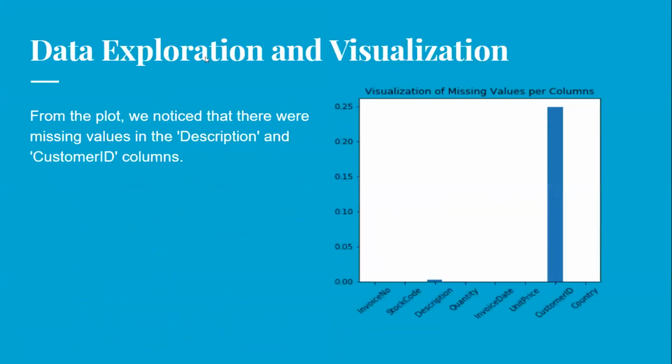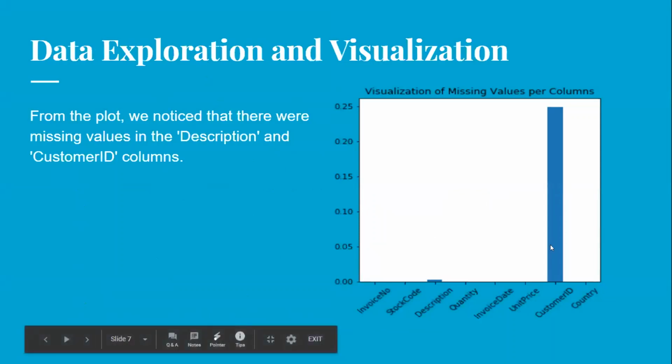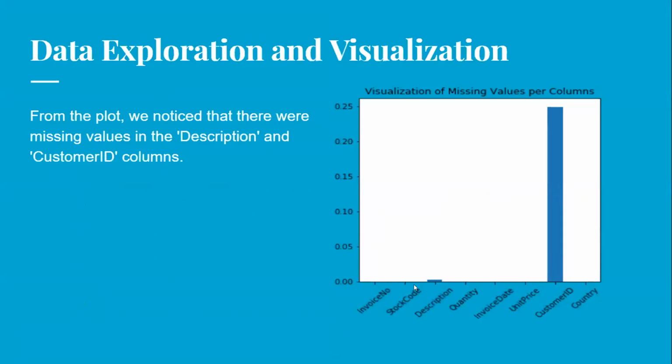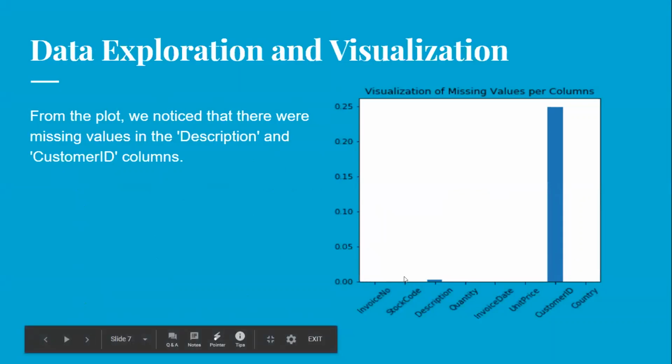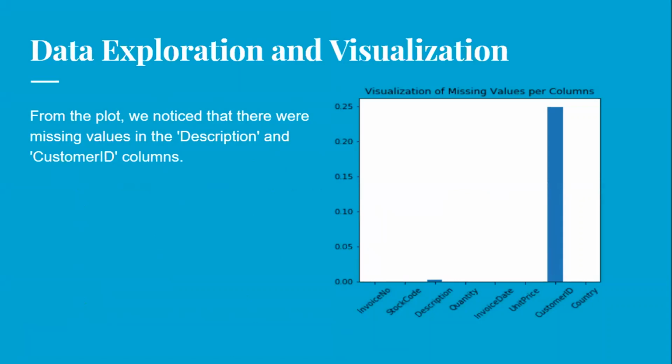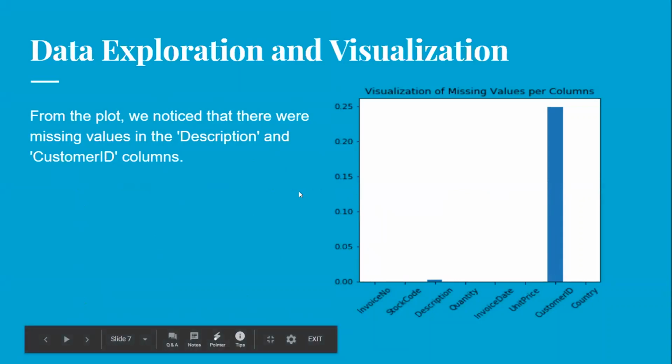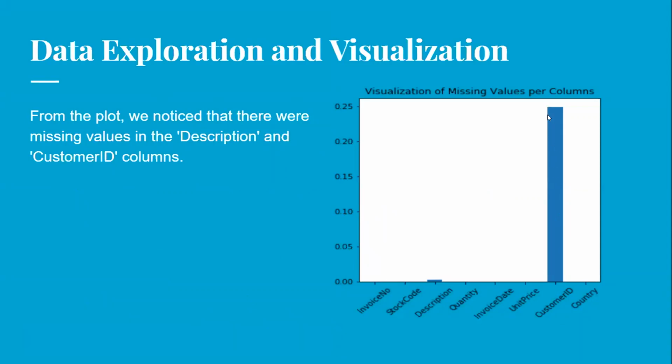When we explored our data, we found out that there were some missing values in the customer and description columns. Then we tried to visualize if we could impute this data, but from the information we were given, we were not able to impute it, and customer ID had the largest number of missing values.